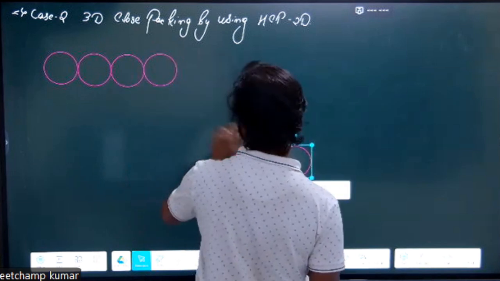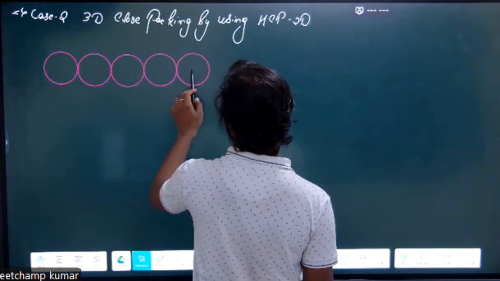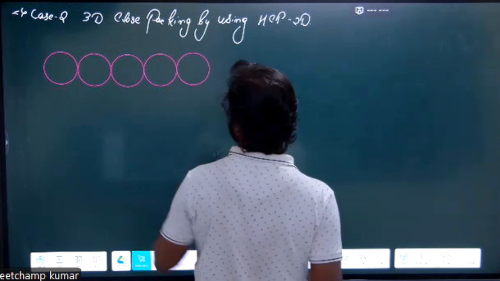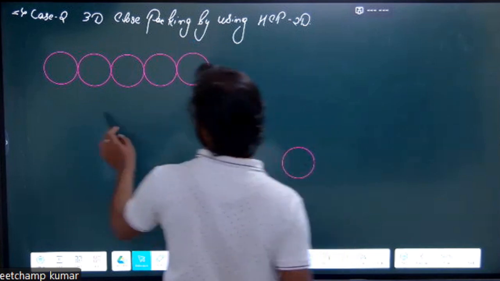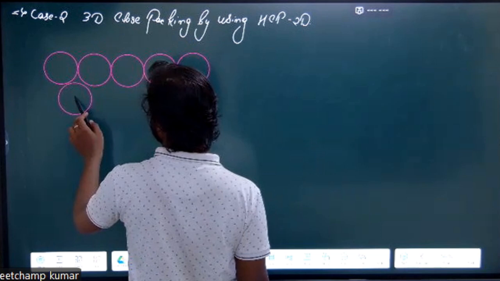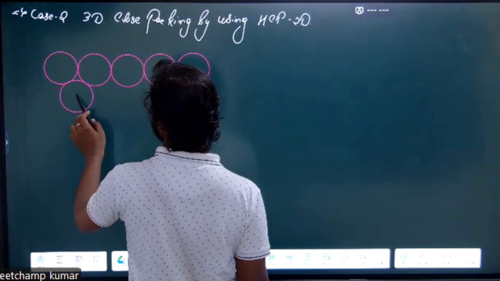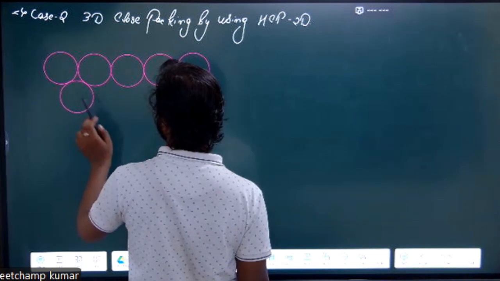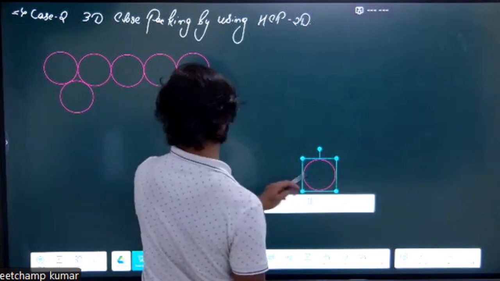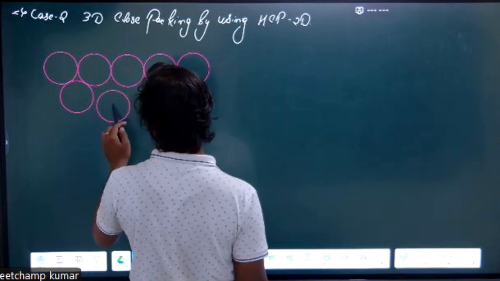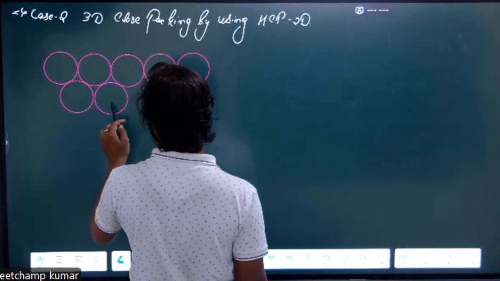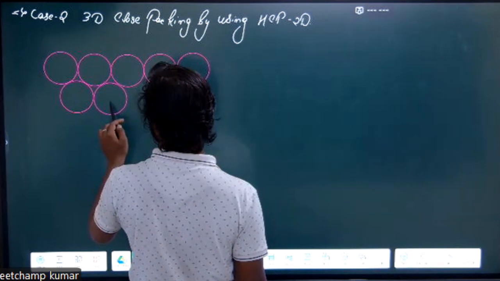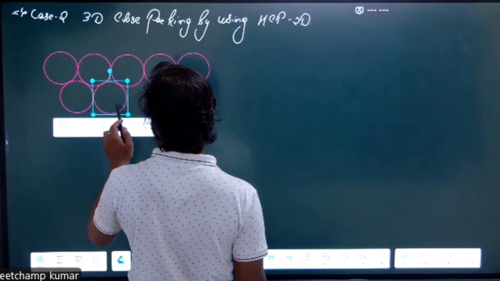Okay, I will draw it a little fast. Then where is the second atom placed? The second layer is placed between the gap of the two atoms, right? Yes, sir. So just place this atom.